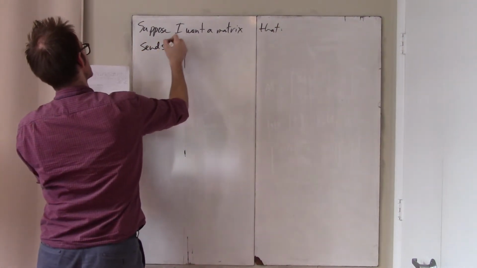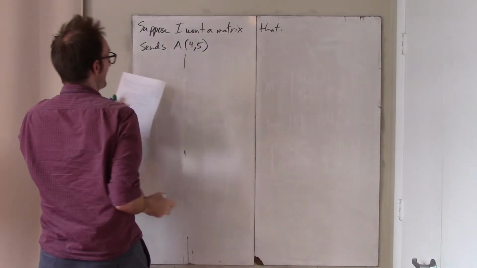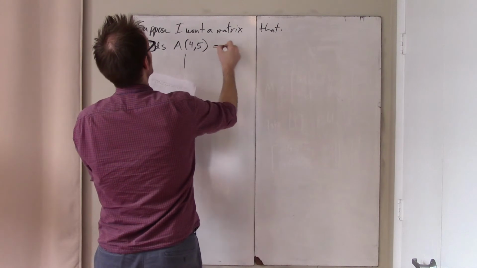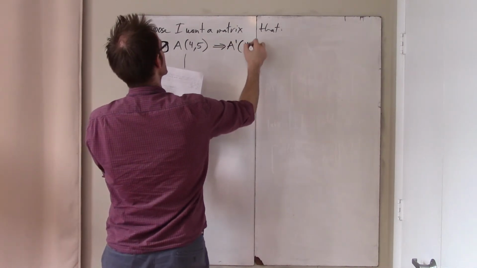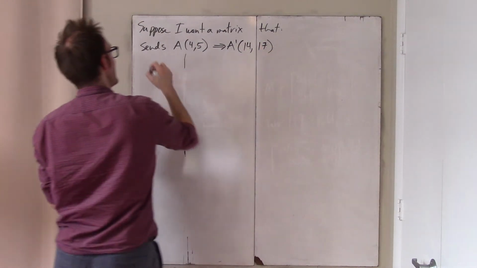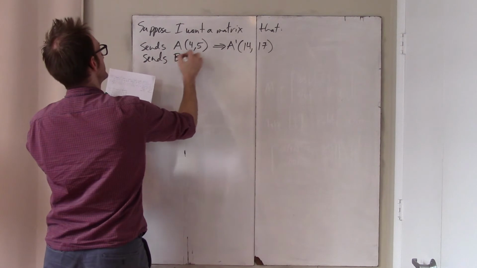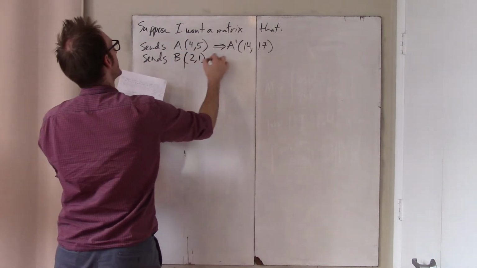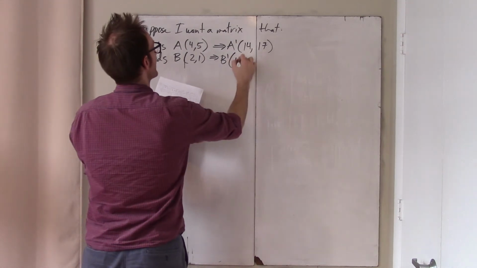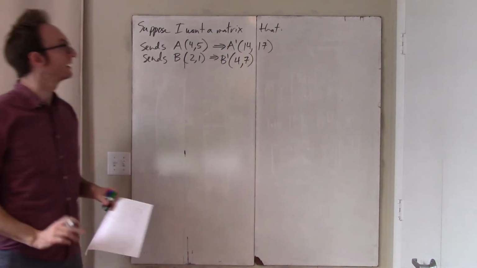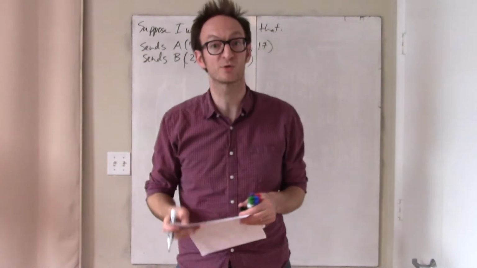It sends the point A, which has coordinates 4, 5, to A prime with coordinates 14, 17, and it also sends this point B, which is 2, 1, to B prime, which is 4, 7. Okay, can you find me the matrix which does that particular transformation?